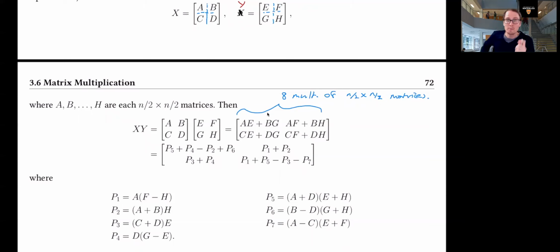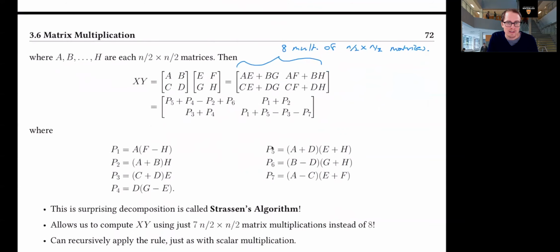But what this clever person realized is there's actually a way to do it where I only have to do 7 n over 2 by n over 2 matrix multiplications. And it looks like this. So I define these 7 different products, P1, P2, P3, P4, P5, P6, P7. And then this first entry, AE plus BG, can be written as P5 plus P4 minus P2 plus P6. CE plus DG can be written as P3 plus P4.